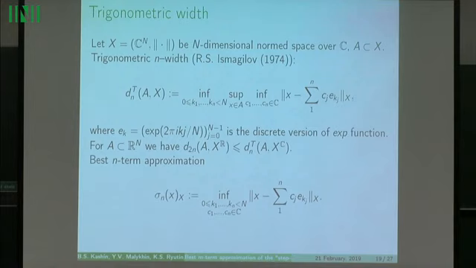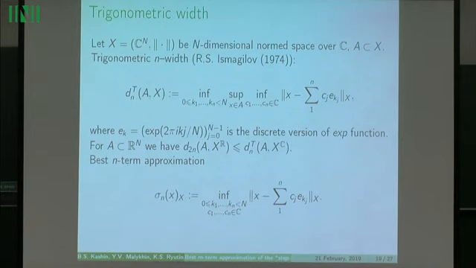Well, so now we come to the last part of my talk, which deals with trigonometric width. So what is trigonometric width? The easiest way to see it is in functional classes. When we are dealing with approximation of some functional class, we can try to find the best subspace of dimension not exceeding n.